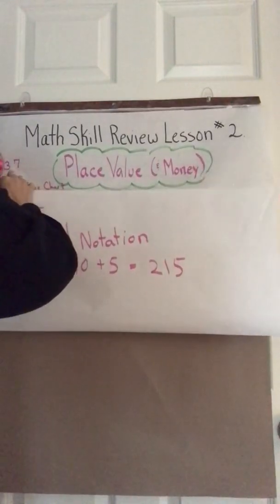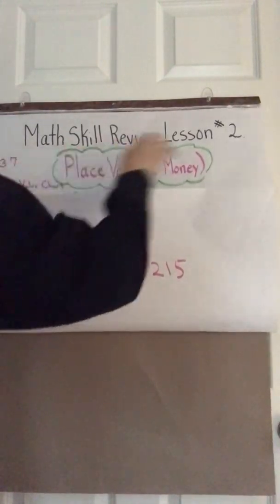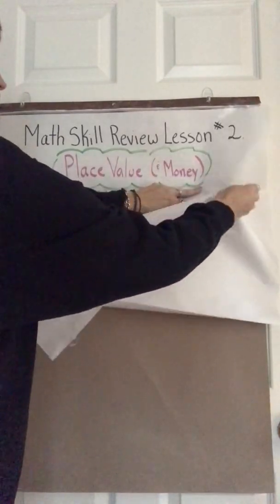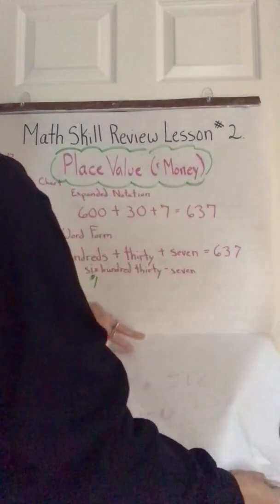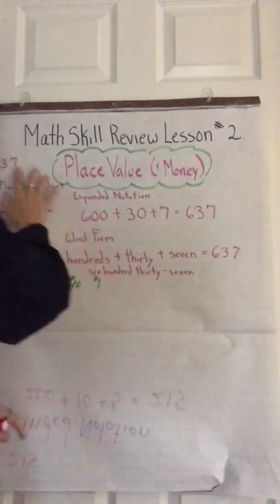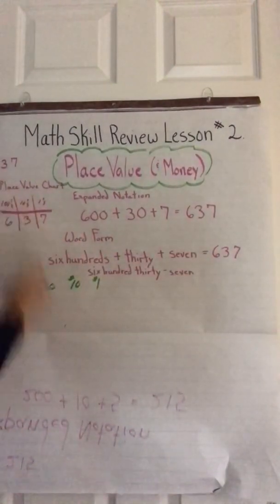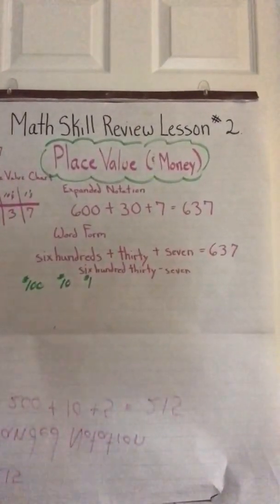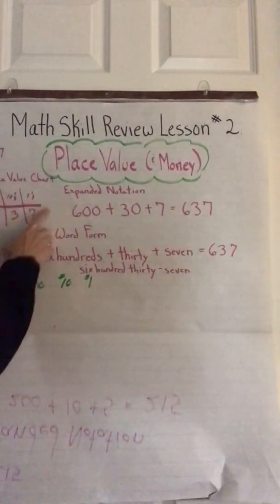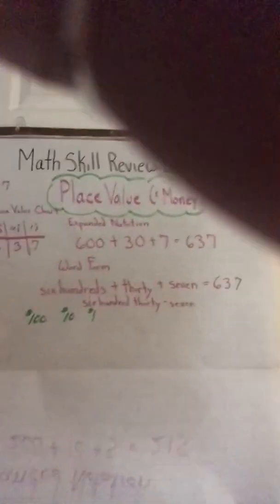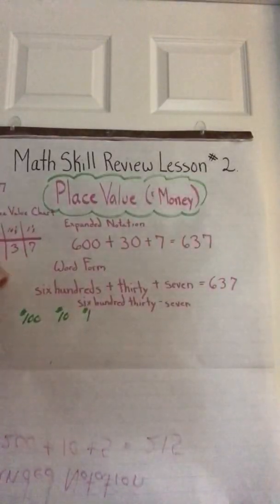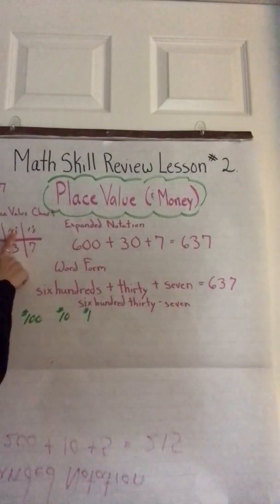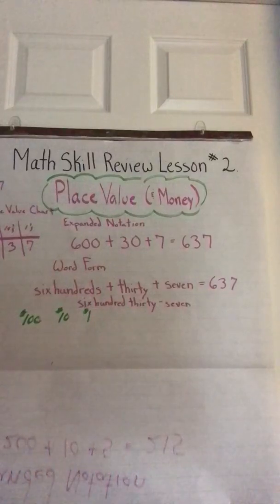It's $637 right here, and I'm going to review the place value chart, which is right here. Remember, in the chart we have our hundreds place, we have our tens place, and we have our ones place.